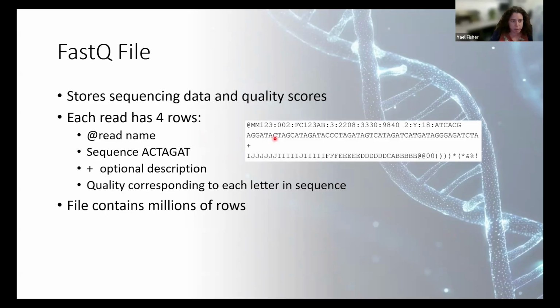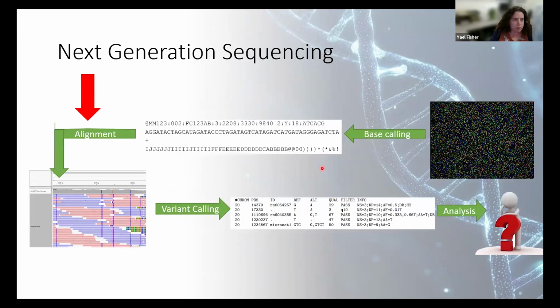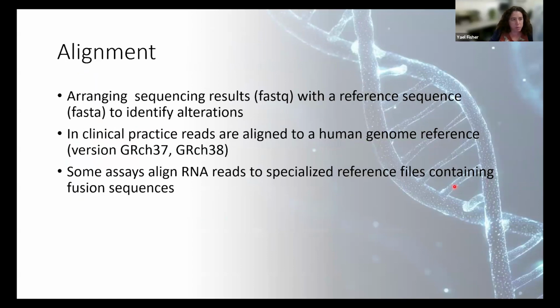Now, this is great. We have our sequence, but no one can look at millions of sequences and identify what went wrong with it. So to continue this process, we do a process that is called alignment. Alignment means arranging the sequencing results, our FASTQ file, with a reference sequence, a FASTA file, in order to identify alterations.